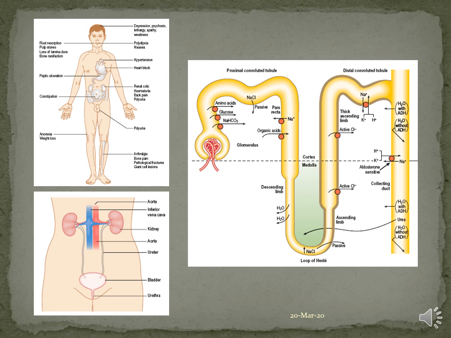You have bone pain and pathological fractures, and we will come to know why all these things are happening because of renal disorders as we go through the discussion. Okay, so this is for your understanding.